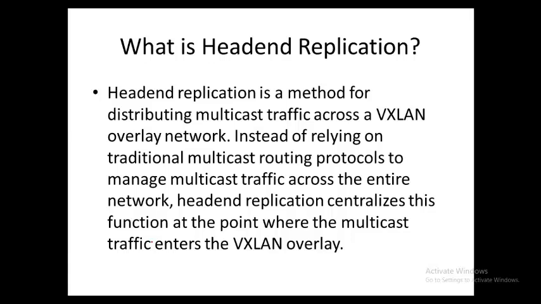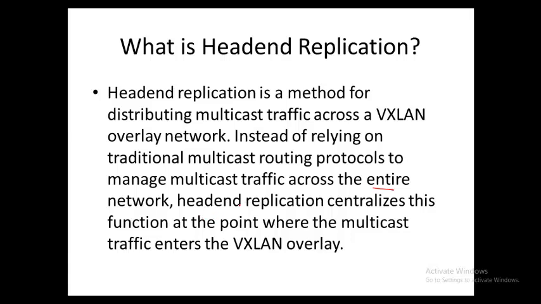See, these are the steps. Ingress VTAP: the multicast traffic is entering. Instead of relying on multicast routing to propagate this traffic, the ingress VTAP performs the replication of the multicast packet.